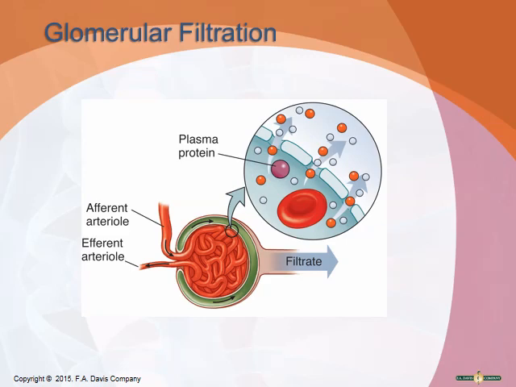Other things that are dissolved in blood will go through, such as different electrolytes, glucose, amino acids, or broken down proteins, vitamins, waste products, and they go directly into the Bowman's capsule.